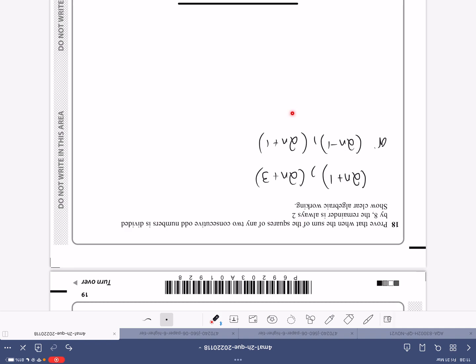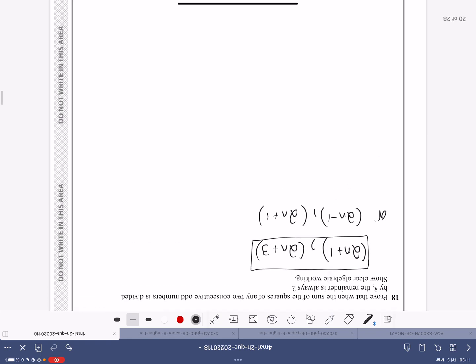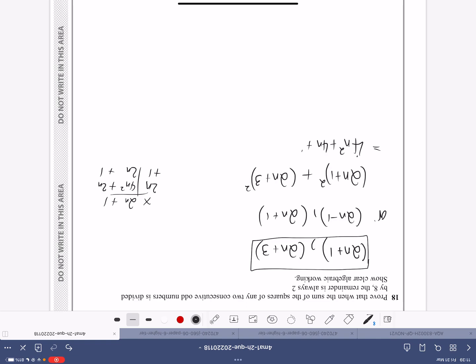So what's the sum of the squares of these? I'm going to use this pair just to avoid the negative numbers. So 2n plus 1 squared plus 2n plus 3 squared. So this is going to be 4n squared plus 2n plus 2n plus 1, 4n squared plus 4n plus 1.